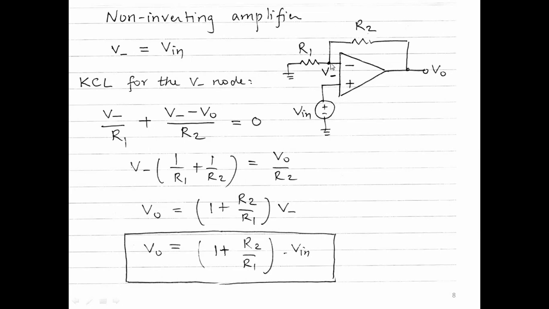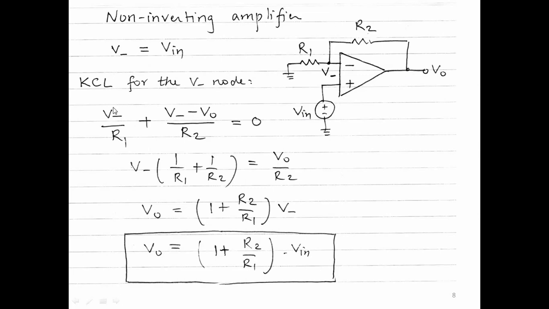Now we need to find VO. In all amplifier circuits, what we want to find is the output voltage as a function of the input voltage, because it's an amplifier. So the most important quantity is the ratio of V out to V in. We know this voltage, so we write a KCL at this node.